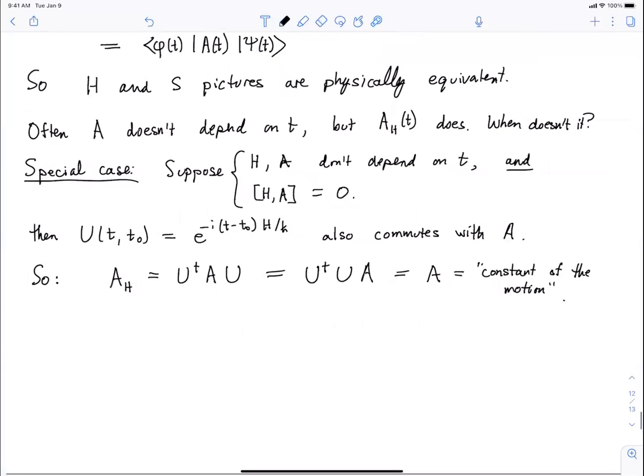One good special case of this is when the operator A is equal to the Hamiltonian itself. Then trivially it commutes with the Hamiltonian because it is the Hamiltonian.